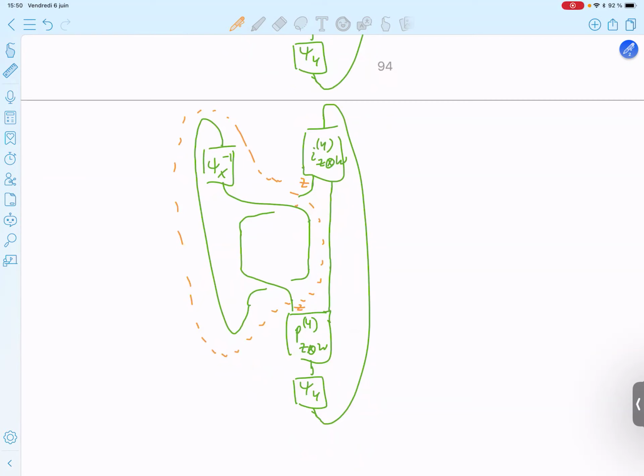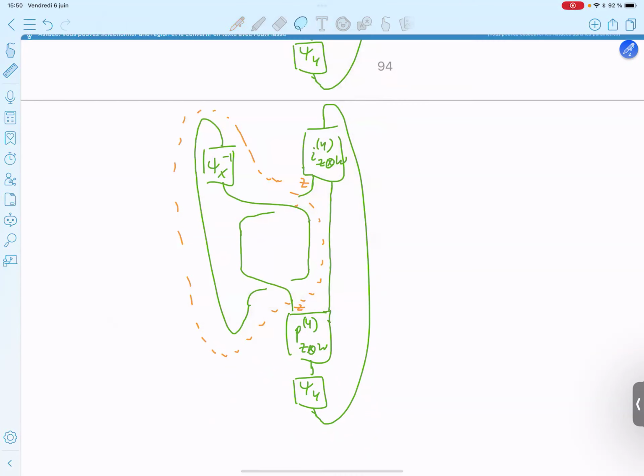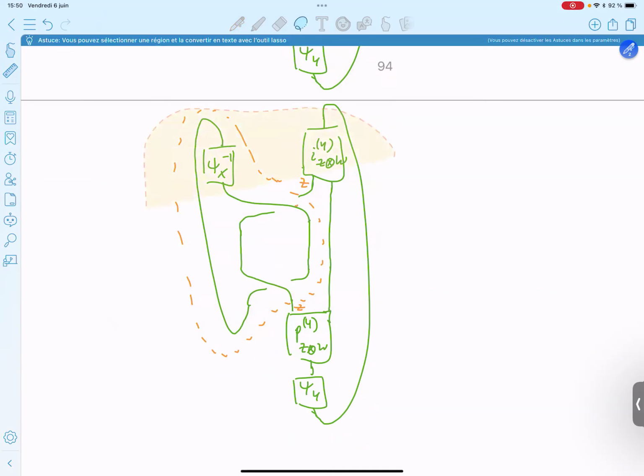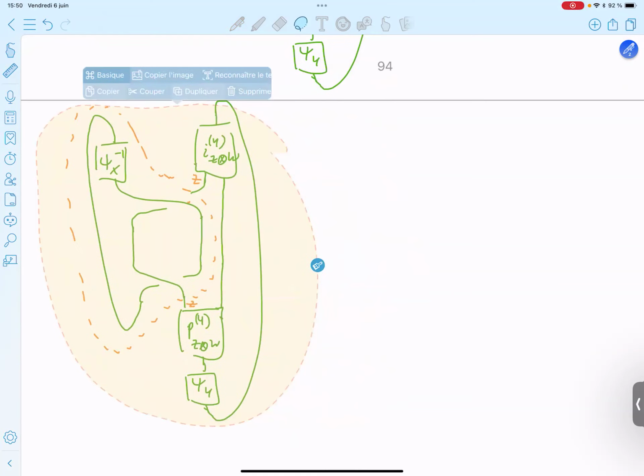We already did this kind of trick before.